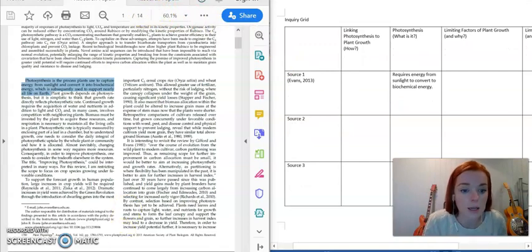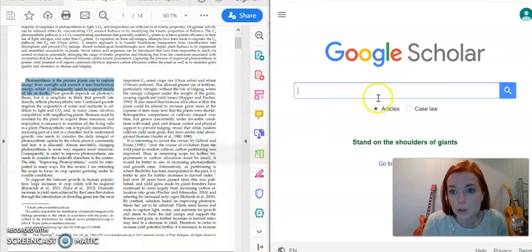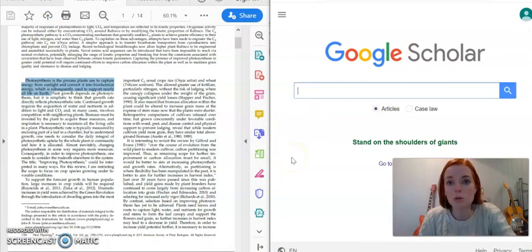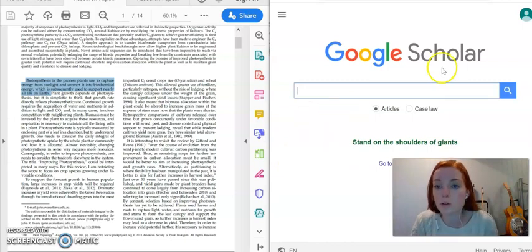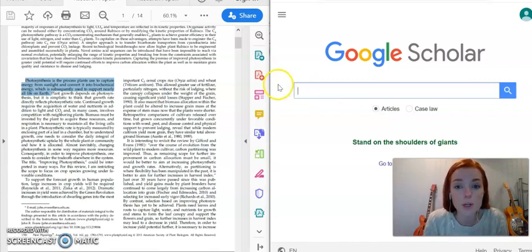So that's another thing. Now, what I want to go through now is using Google Scholar. You go onto Google and then you type in Google Scholar. Google Scholar gives you peer-reviewed articles. So they're scientific articles. Sometimes they're really wordy, but maybe you might be able to find something in the abstract that really simply puts what you're looking for.